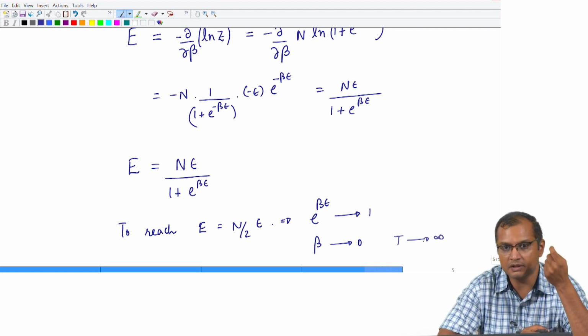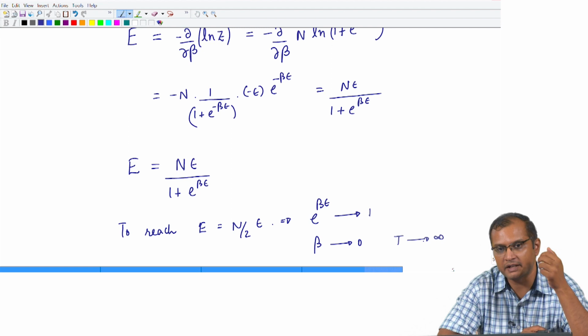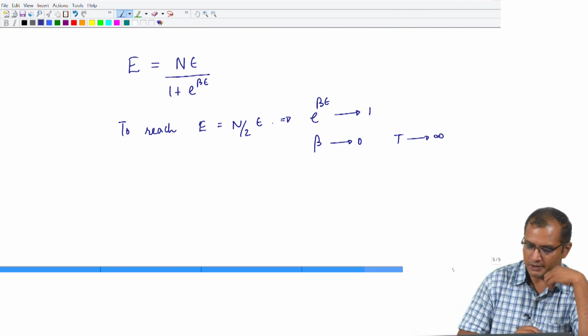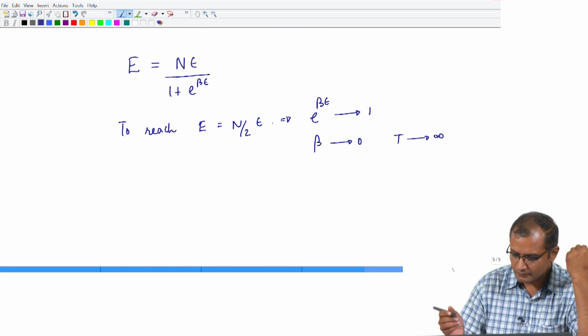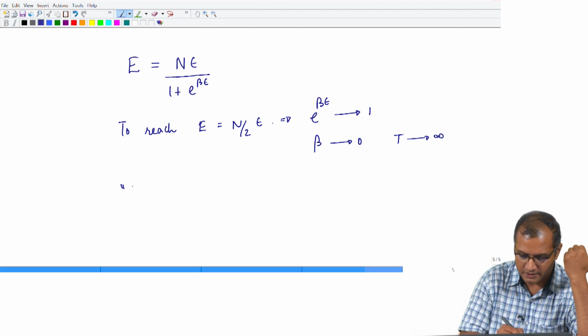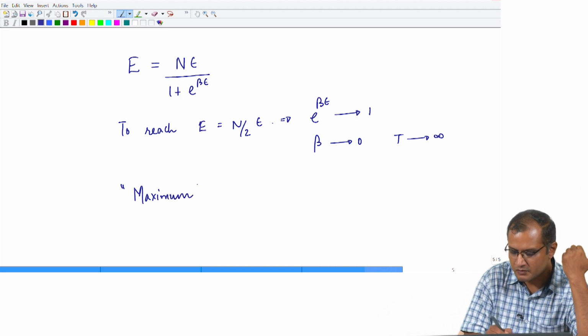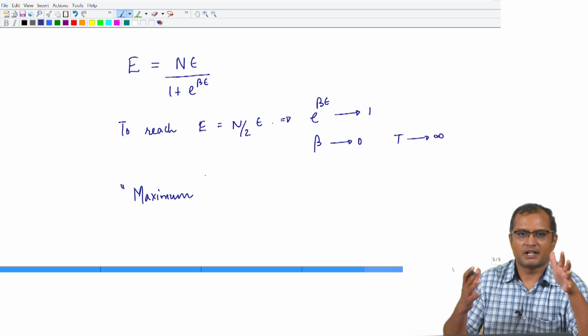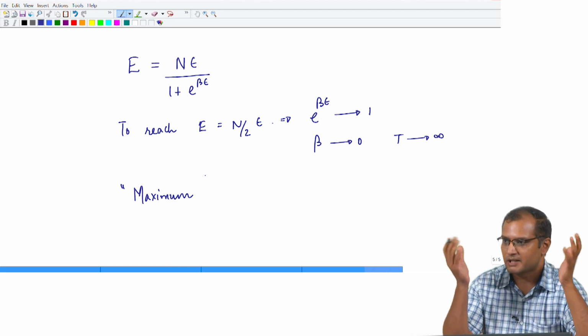And beta tends to 0 means your temperature has become infinite. Now, this does not disagree at all with what I have discovered in the microcanonical case. So the conclusion here is that in two level systems, if you connect it to a thermostat, only at infinite temperature can you push half the number of particles into the excited state.